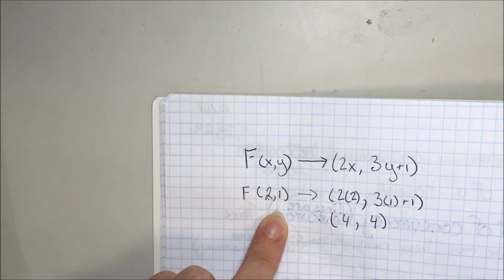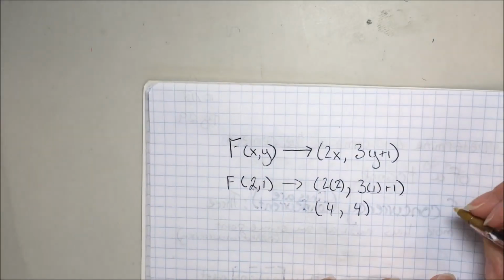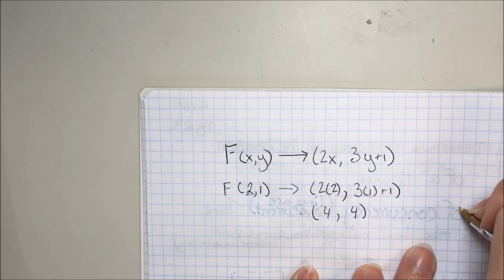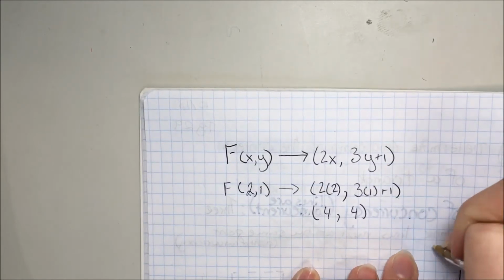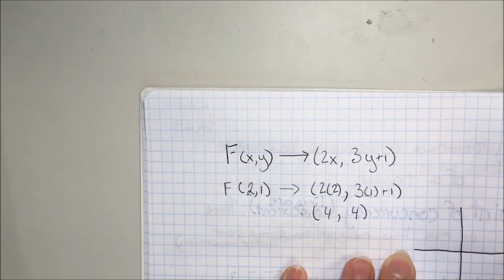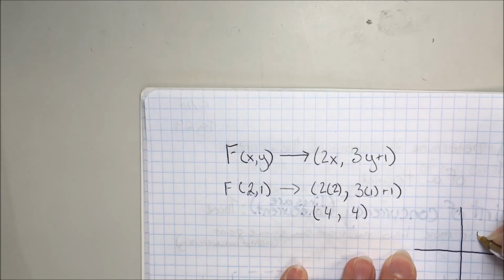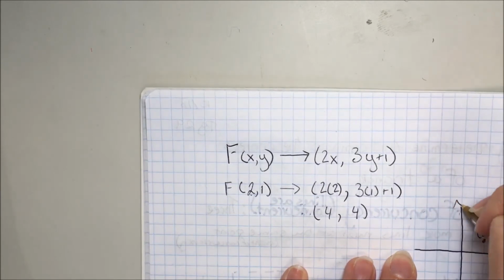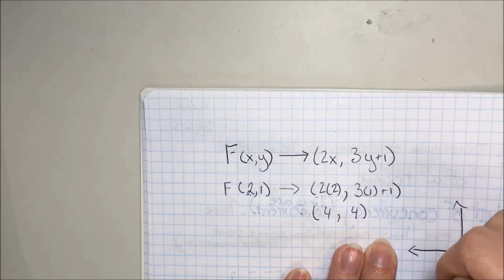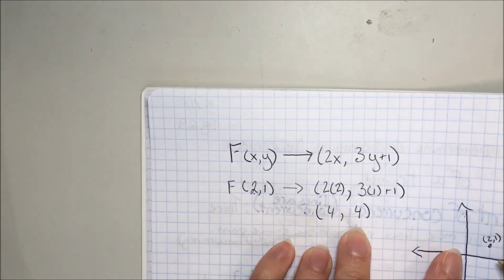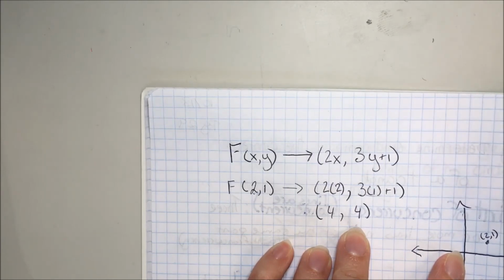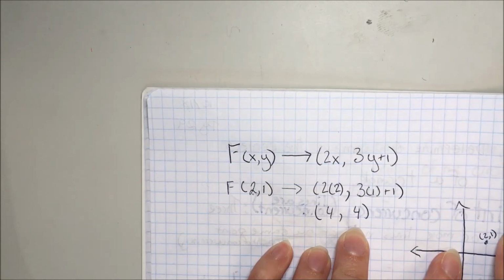So I took 2, 1 to 4, 4. So if I were to plot that, the original point, x, y, that's my domain, would be 2, 1. And f of 2, 1 is 4, 4. So 1, 2, 3, 4, 1, 2, 3, 4. So that's where this got moved.